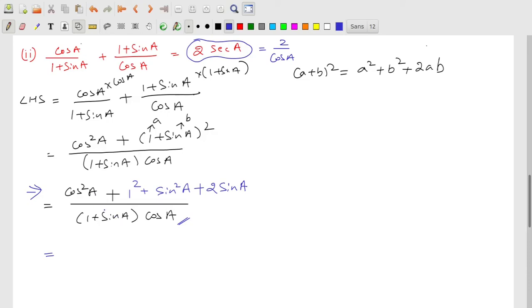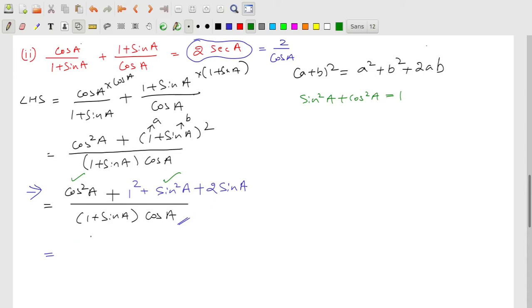So now how to remove this remaining part? We need to use some trigonometric identities and then simplify. See here, in this expression we have cos square and then sin square, and we know that sin square A plus cos square A is equal to 1, the first trigonometric identity.